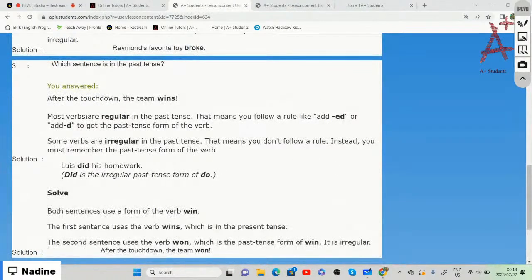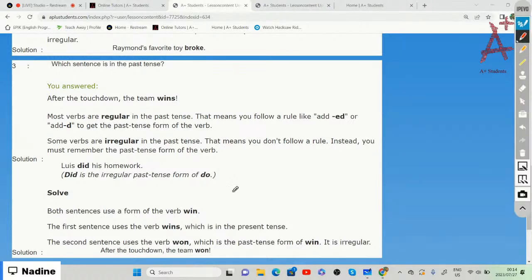After the touchdown, the team wins. So after the touchdown, the team wins. We need to get the past tense form of the word wins. So wins changes to the word won.